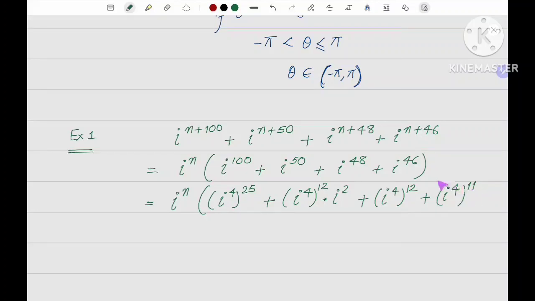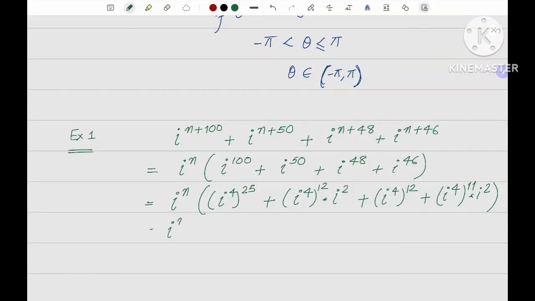So 11 into 4 is 44, and how many are remaining? 2 powers, so i square. Or in fact I could have taken i to the power 46 common out of all this, and that could have been another simplification, but that is also okay.